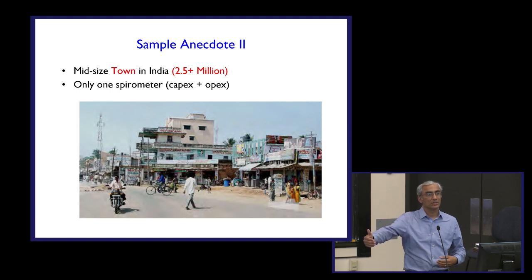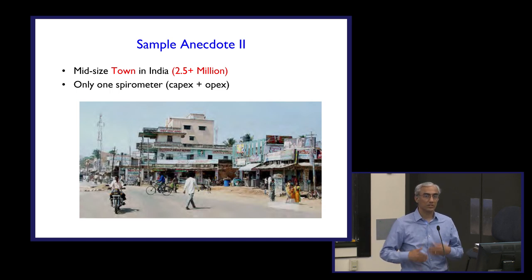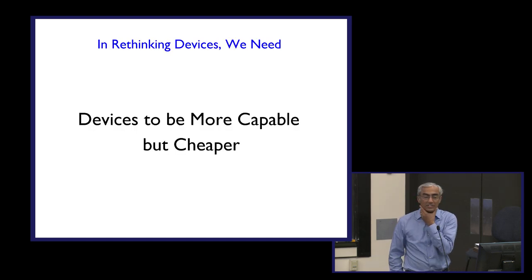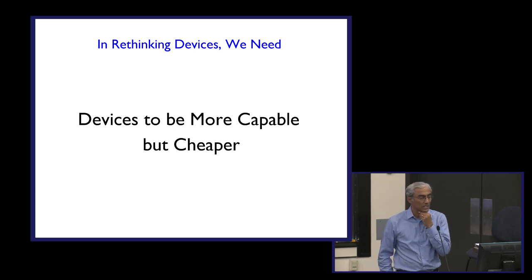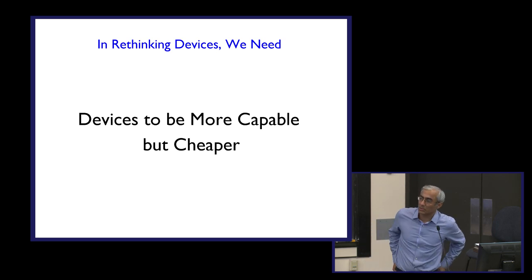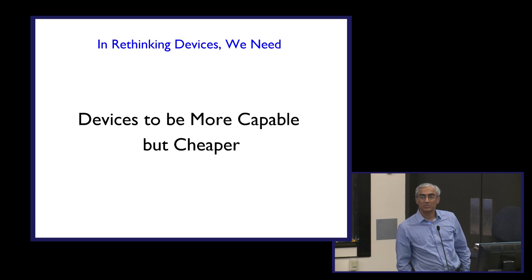People don't want to go to a hospital, they would rather go to their doctor. And generally, that costs a lot for one test, by Indian standards, not by US standards. So again, that led me to start thinking about rethinking devices. We need devices to become more capable, but cheaper at the same time.